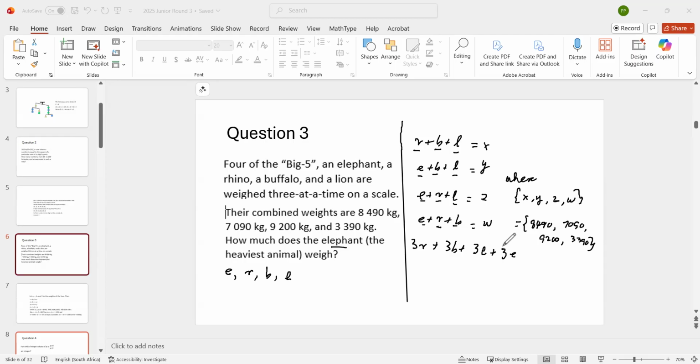So that takes care of all the 12 symbols on this side, and that will be equal to X plus Y plus Z plus W. In other words, regardless of where these actually are placed, we've got the sum of the whole 4. And this is R plus B plus L plus E. So the sum of those 4 is this thing divided by 3.